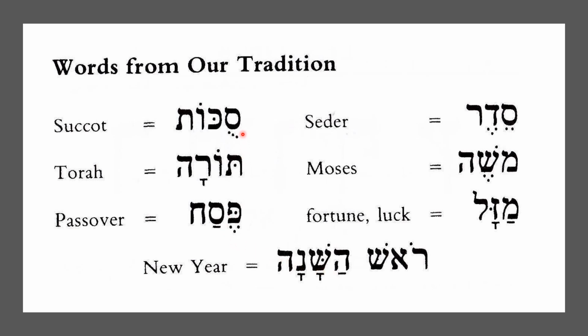And then we had the holiday of Sukkot. We have Torah, which should be familiar to you. And we had the holiday of Pesach. So those are the words you can go back and look for and begin to recognize as you go through it.